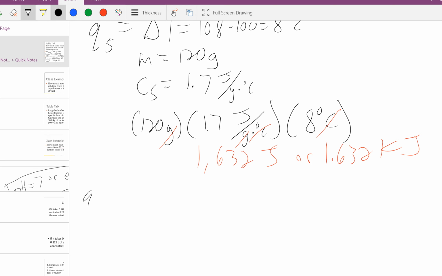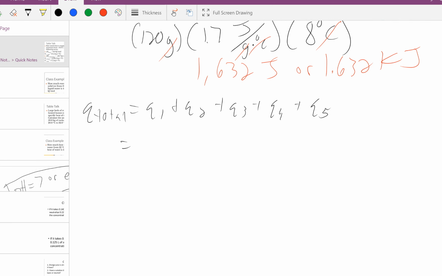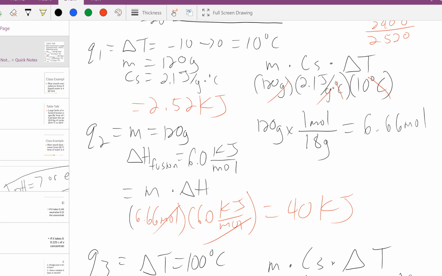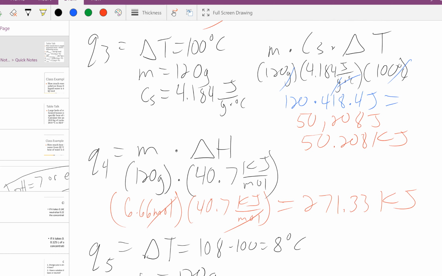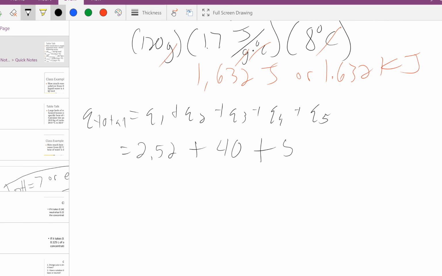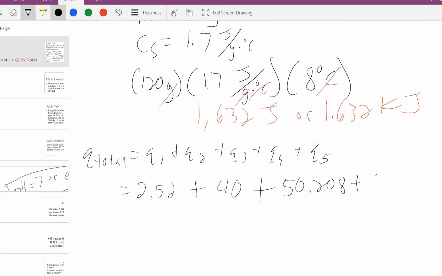So the total, Q total, is equal to Q1 plus Q2 plus Q3 plus Q4 plus Q5, which is equal to 2.52 kilojoules plus 40 kilojoules plus 50.208 plus 271.33 plus 1.632.